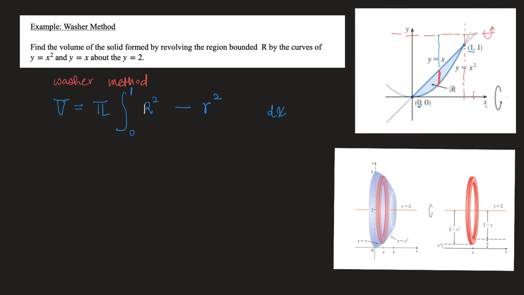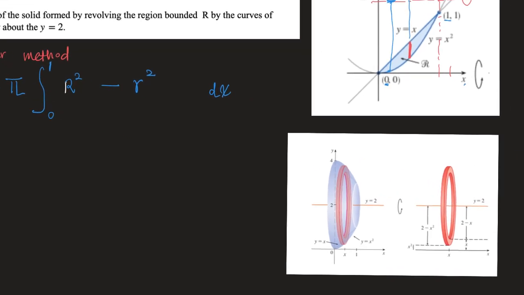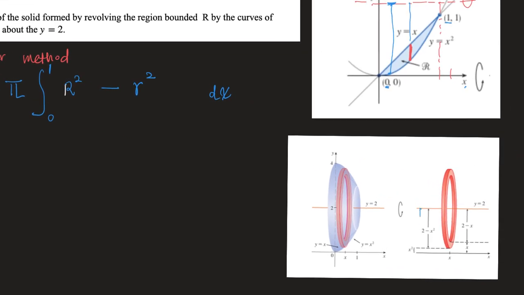That's the washer method. Here is the picture of the longer radius. Here is the rotating axis, and the longer radius is here. This is the longer radius.